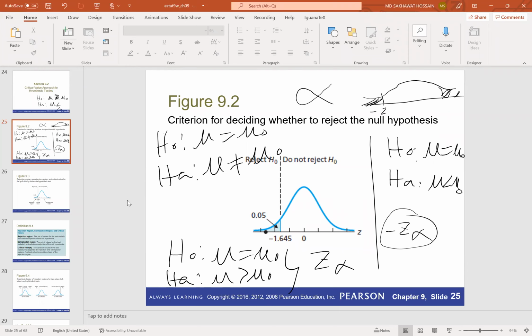So we'll have negative z alpha over 2 and z alpha over 2. Our critical values will be plus or minus z alpha over 2: one is positive z alpha over 2, and the other is negative z alpha over 2.